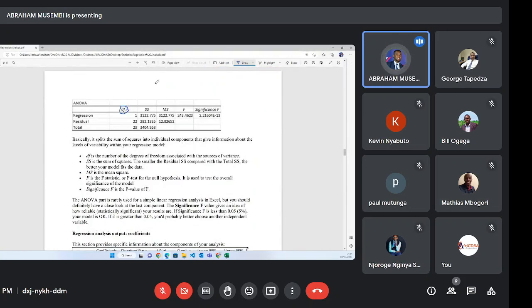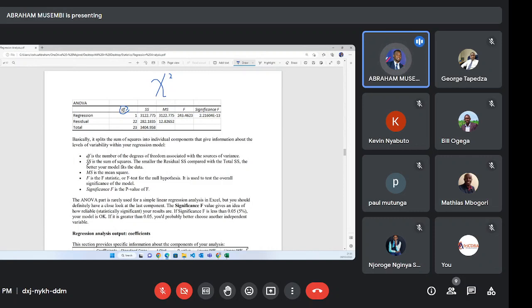Remember, even in chi-square we usually have degrees of freedom as n minus 1. But it sometimes varies with the model, or with the distribution.